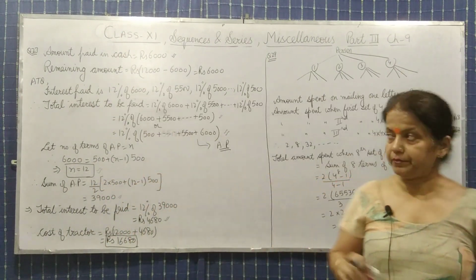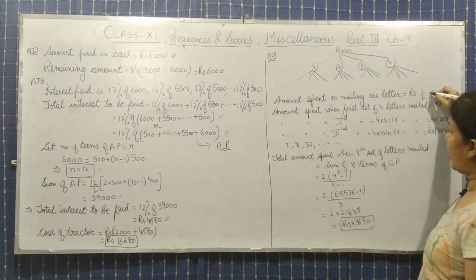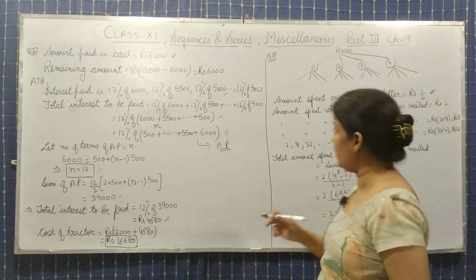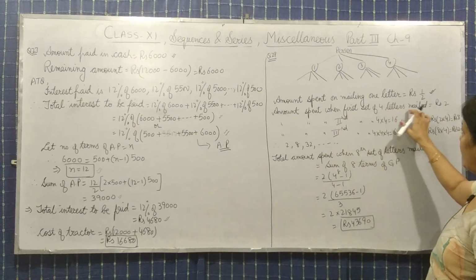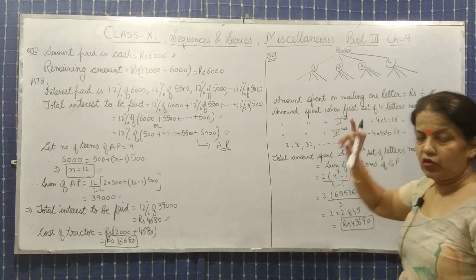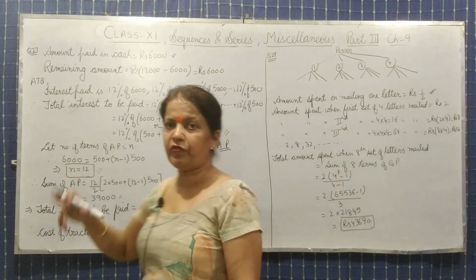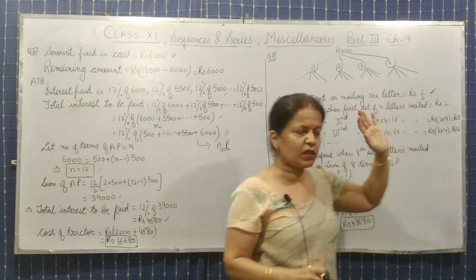According to the question, the amount spent on mailing one letter is half a rupee or 50 paise. Amount spent when one set of 4 letters is mailed: 4 letters at half a rupee each is 2 rupees.